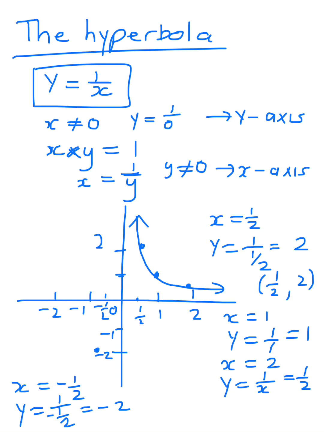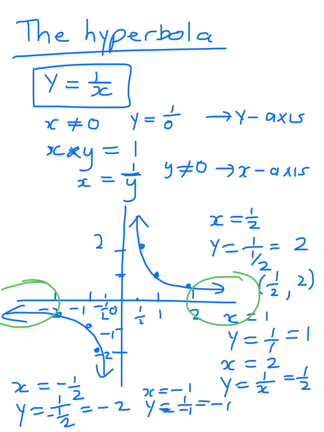And then if you put in x equals minus 1, you're going to get y equals 1 over minus 1, which is minus 1. So the curve's going to look like that. And that's the basic shape of your hyperbola.